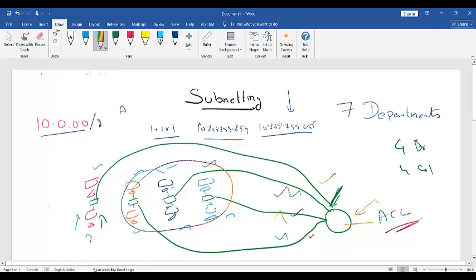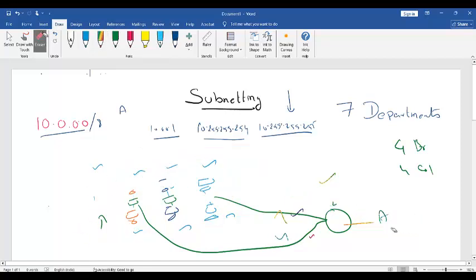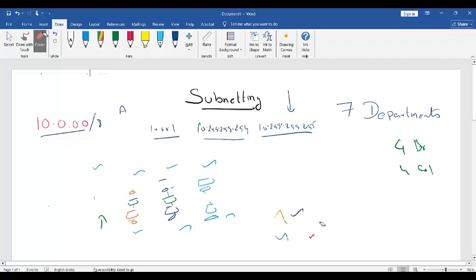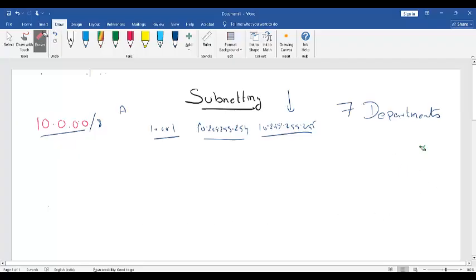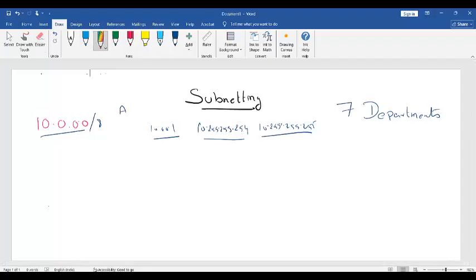Let us now get into the scenario, back to the scenario, 7 departments.